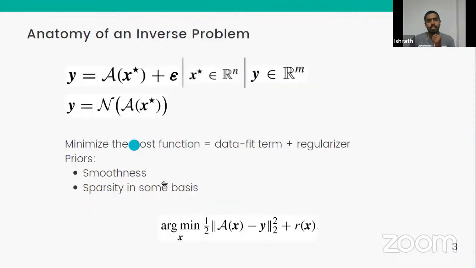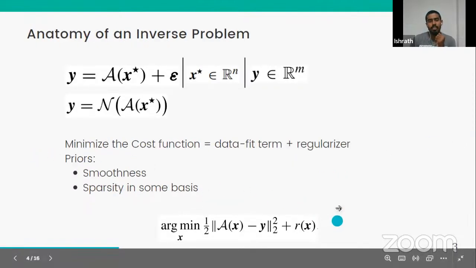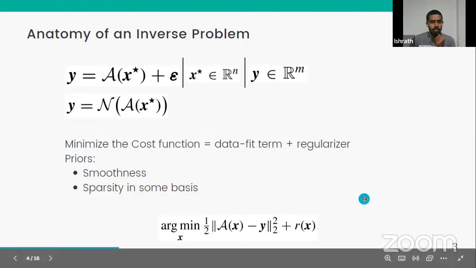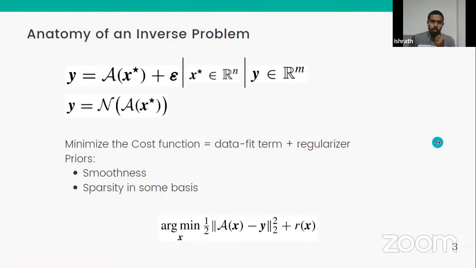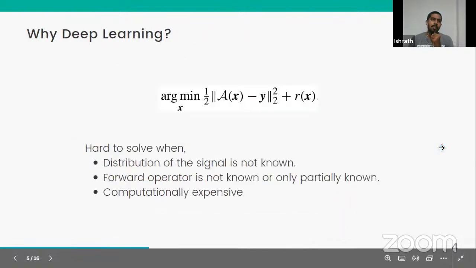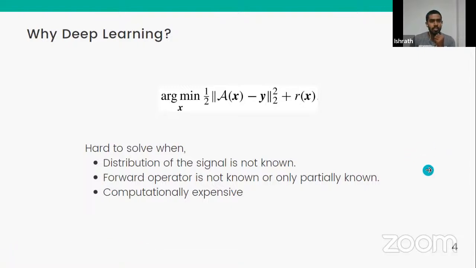Traditionally, the solvers for this kind of problem are iterative solvers, which use gradient descent algorithms. They iteratively find estimates of x until convergence. But there are some limitations in certain conditions. If we don't know the distribution of the signal, or don't have clear prior knowledge of the signal, we cannot model the regularization.